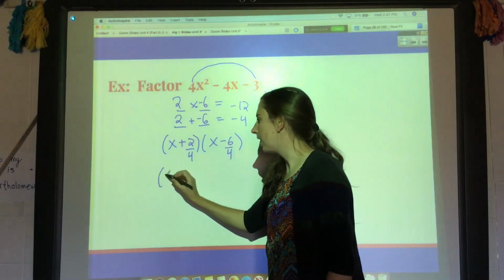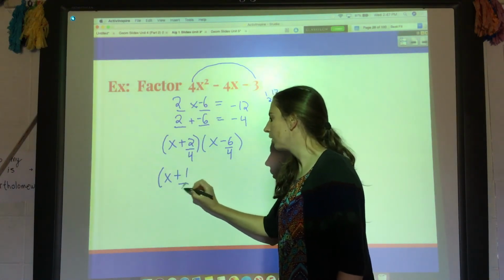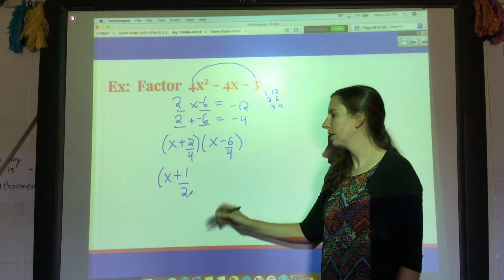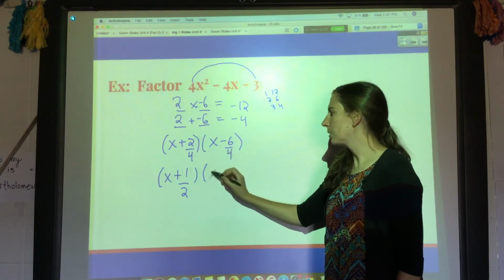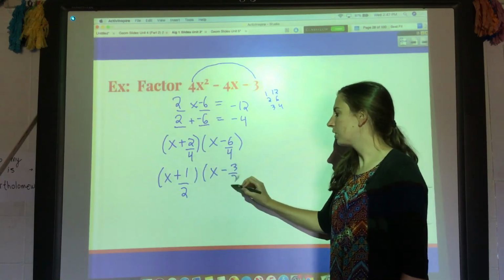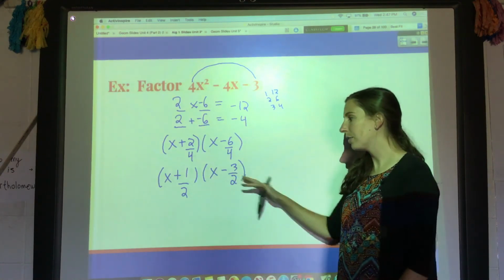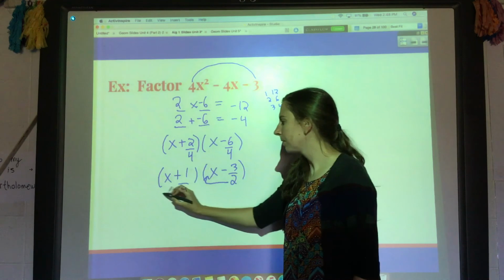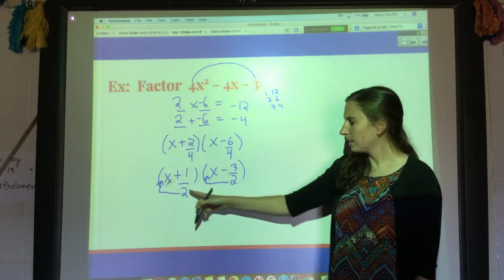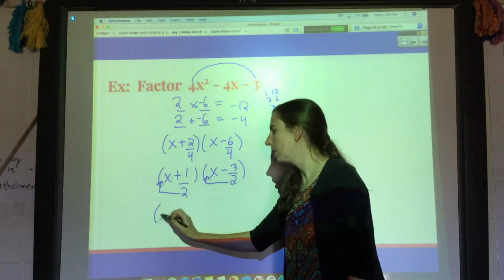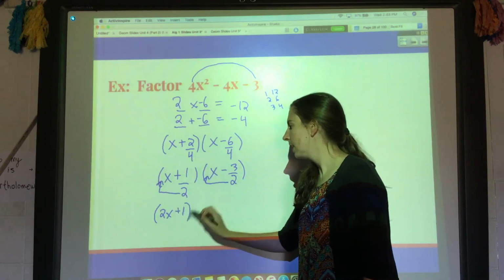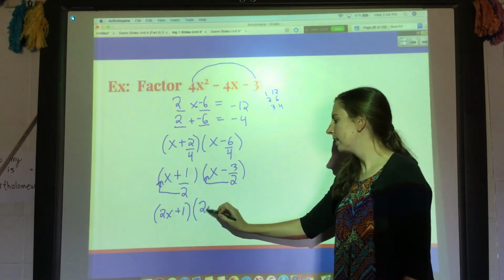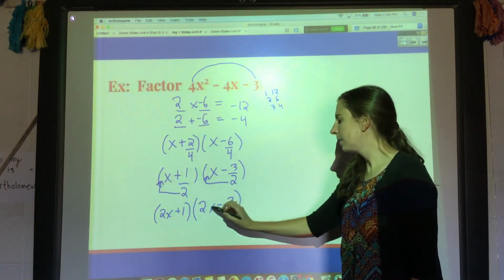So this becomes x plus 1 over 2. 2/4 is 1/2. This becomes negative 3 over 2. And then whatever's left over, you can go ahead and slide. So in this case, we'll have 2x plus 1, and then 2x minus 3.